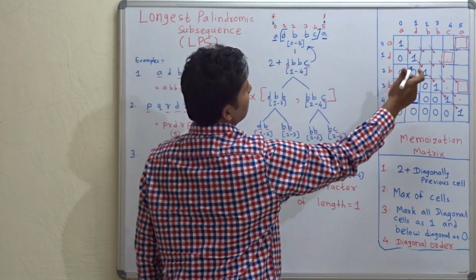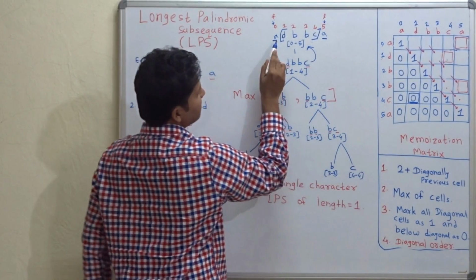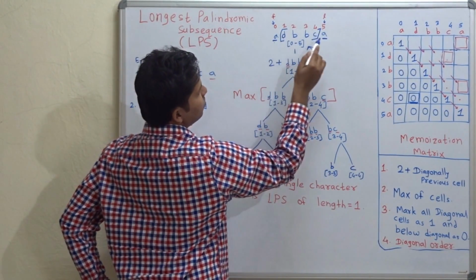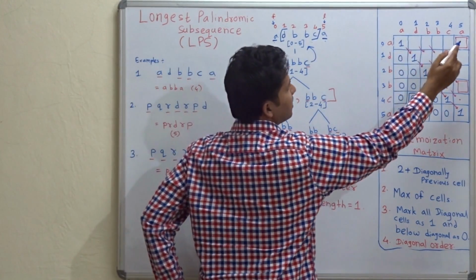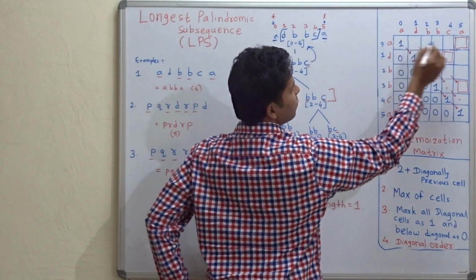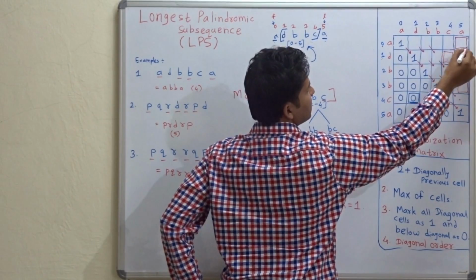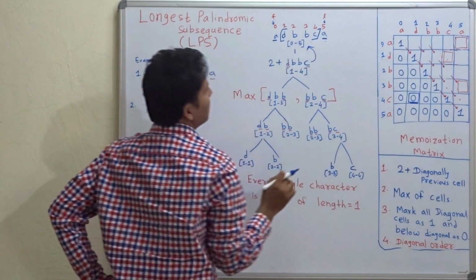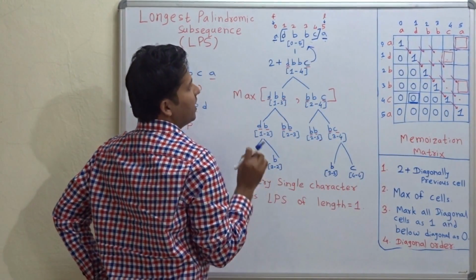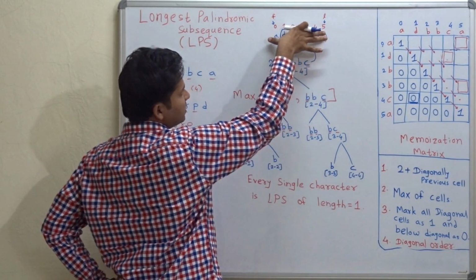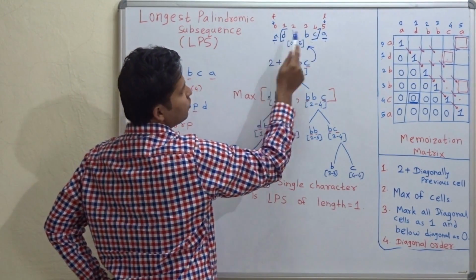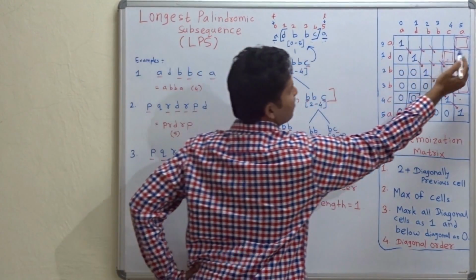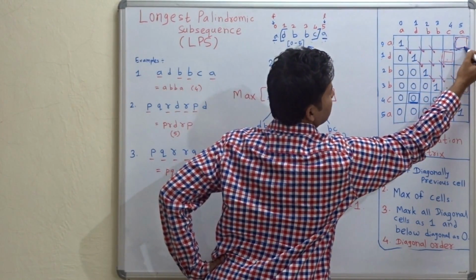So let's look into the matrix. Here you can see the index is 0 to 5. So here in the matrix 0 to 5, it is this cell. Means the length of the LPS of this full string, for which the index is 0 to 5, is represented in this cell.